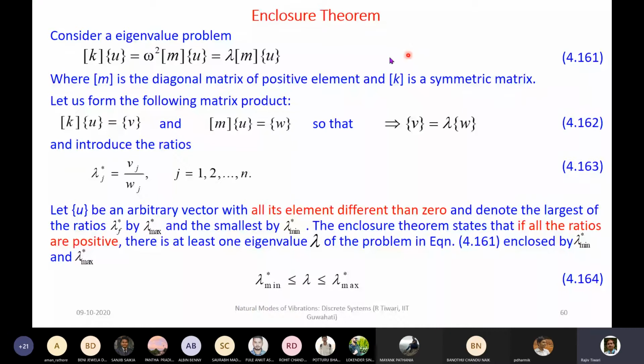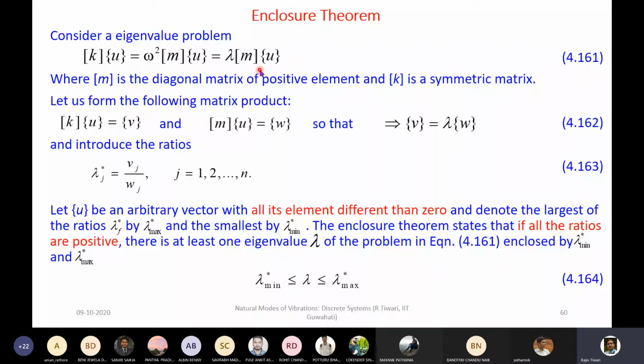The eigenvalue problem we have been writing: if you remember, we had the differential equation, and by assuming the solution as a separation of time and amplitude, we reduced the equation of motion into an eigenvalue problem.